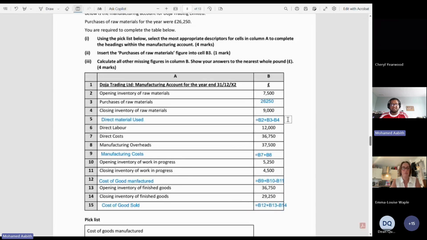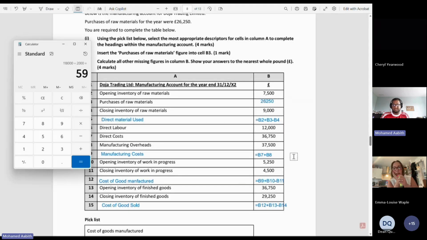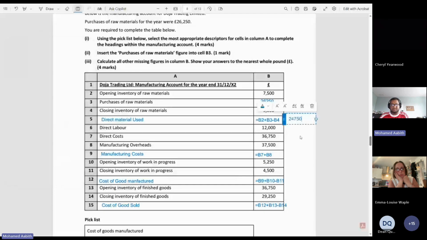So let's see what number we expect to see here. That number is going to be 7,500 plus 26,250 minus 9,000. Sorry, I made a simple mistake there. It is 24,750.